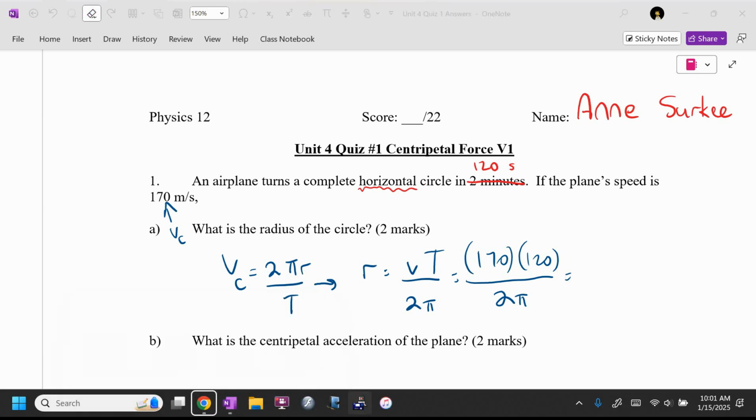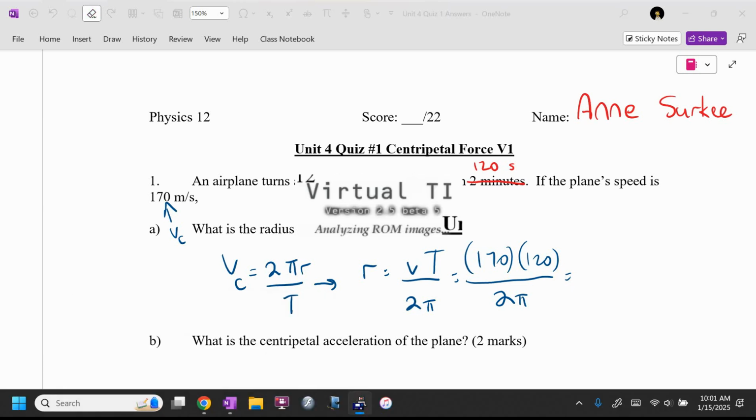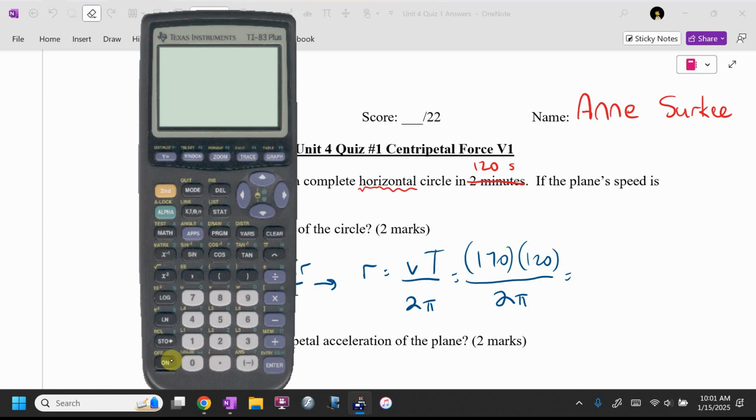I got my trusty calculator out. 170 times 120, close bracket, divided by bracket, 2 pi. And I got a pretty big answer, which made me nervous at first because that's almost 3 kilometers. No, wait a minute. I've watched airplanes slowly turn.